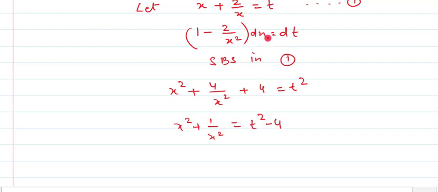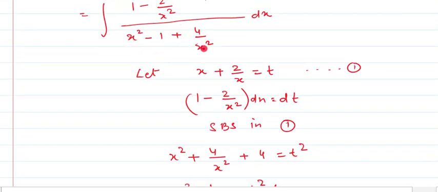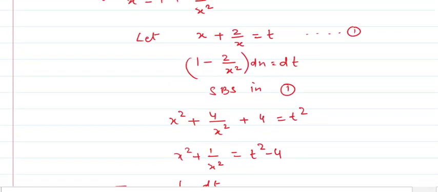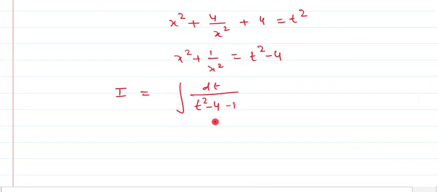Now let us substitute these two values, numerator as well as denominator, in I. So we are getting I is equal to integration of dt upon, let us check the denominator, it is x square plus 4 upon x square minus 1, and x square plus 1 upon 4x square, we are getting t square minus 4. So t square minus 4 in place of x square plus 1 upon x square. Still we are left with minus 1 over here. So let us write this minus 1 with it. So we are left with dt upon t square minus 5.